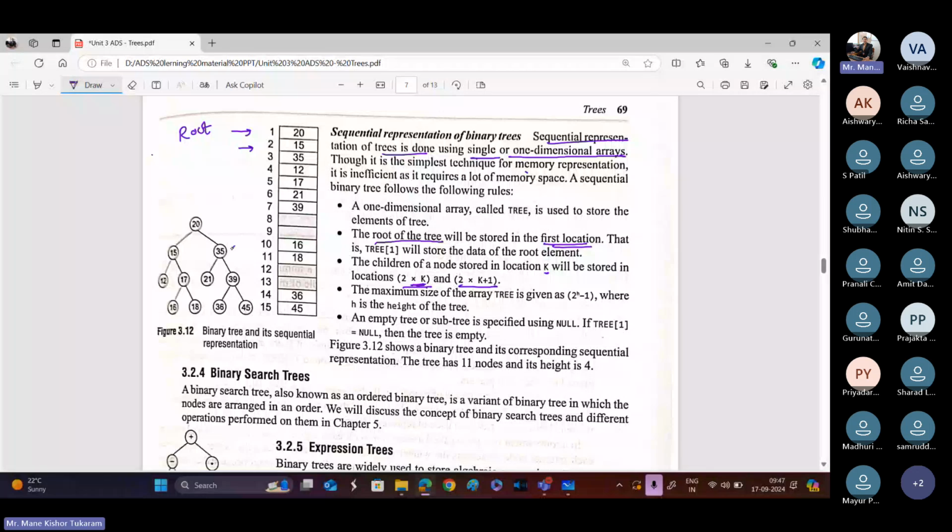And at the next level, 12 doesn't have any children. That's why these two locations are empty. Why is it empty?